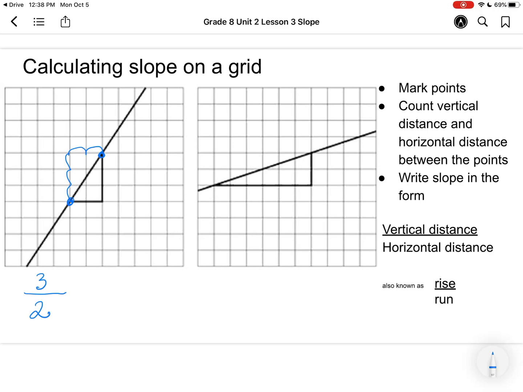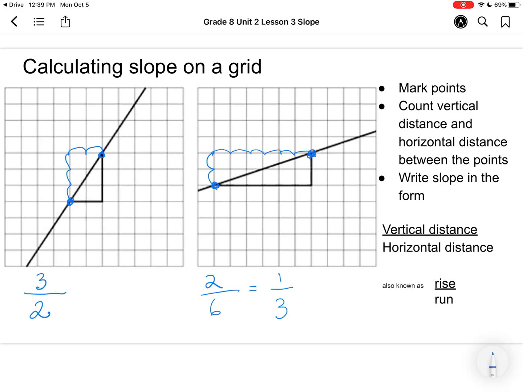Let's look at the other graph here. Let's pick 2 points and count the vertical change. It goes up 2 and horizontal 1, 2, 3, 4, 5, 6. And we can simplify this by dividing both 2 and 6 by 2, and an equivalent ratio is 1/3.